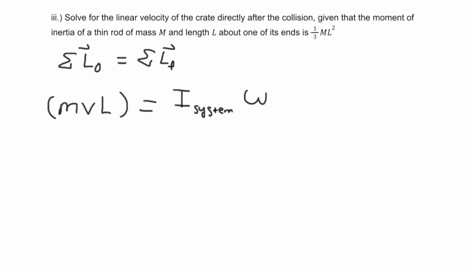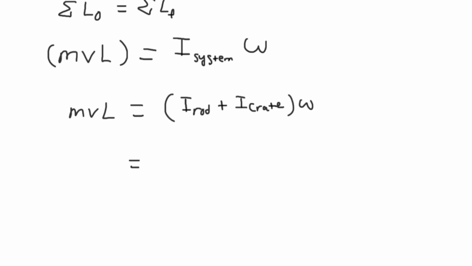So to find the angular momentum of the system, we're just going to combine it. So we have I of the rod plus I of the crate at a velocity of omega. Moment of inertia of a rod is 1/3 mL squared, so it's 1/3, the rod's mass is 3m.